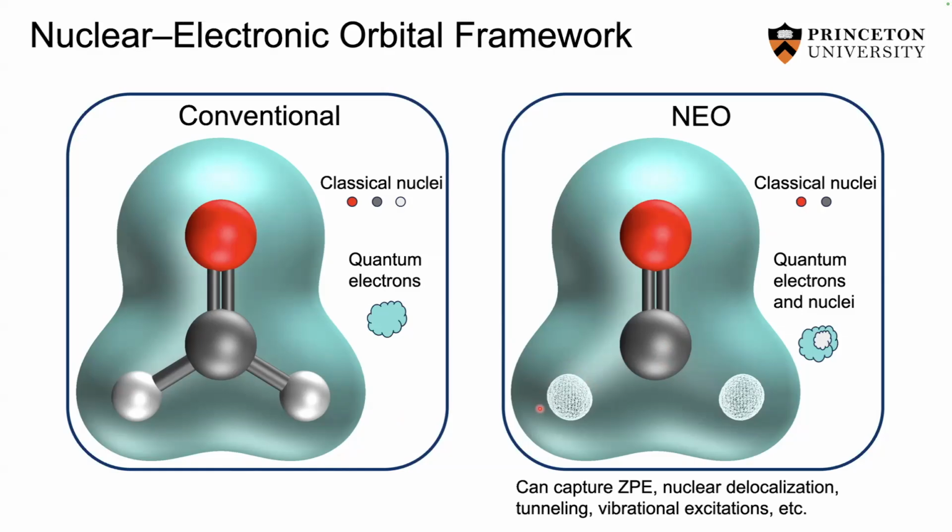But the nuclei that are important for creating nuclear quantum effects are treated fully quantum mechanically at the same level of theory as the electrons. So in this case, we see these two protons, these two hydrogen atoms. Now, instead of being point charges, they actually have some probability density, just like the electrons. And so we get this mixed electron nuclear wave function.